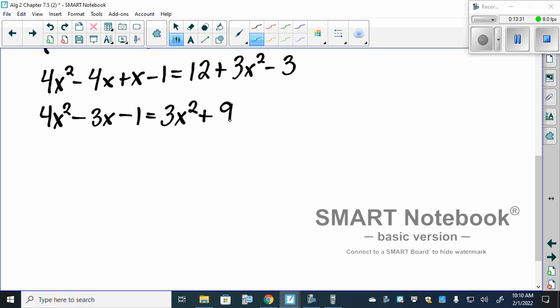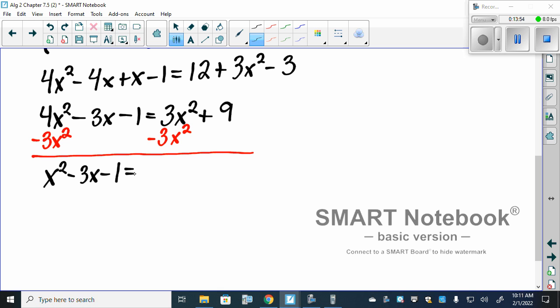Let's move those onto the same side first. So at this point here we can subtract the 3x squared from both sides. 4x squared minus 3x squared will be x squared, minus 3x minus 1 is equal to, well, these cancel, leaving us with 9.